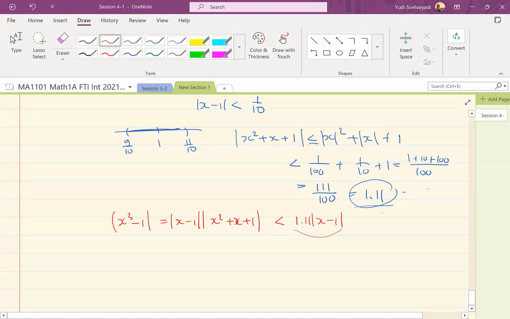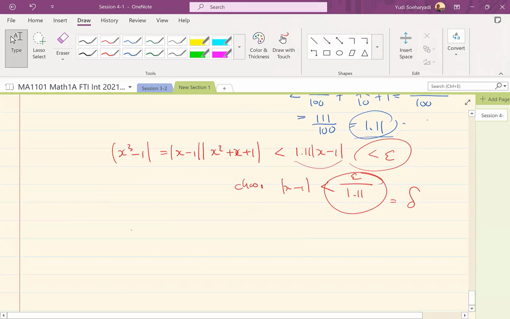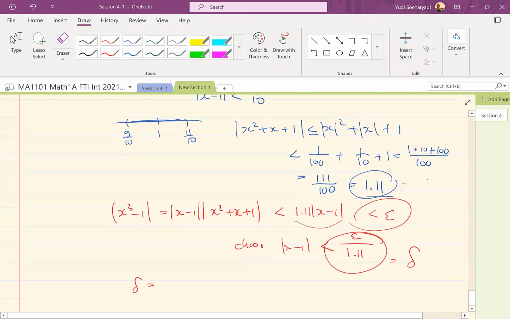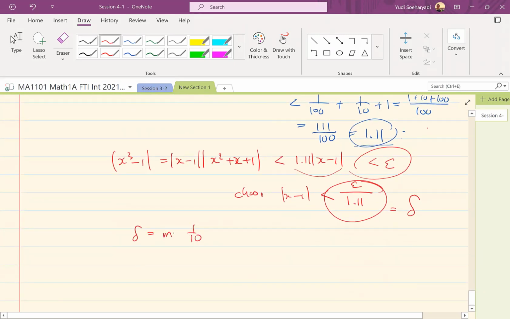So if you like to have this less than epsilon, you choose x minus 1 less than epsilon over 1.11. Okay, so this is our delta in this case. So the minimum delta is actually the smaller one between this and your pre-assumption, which is 1/10. Choose the smaller one.